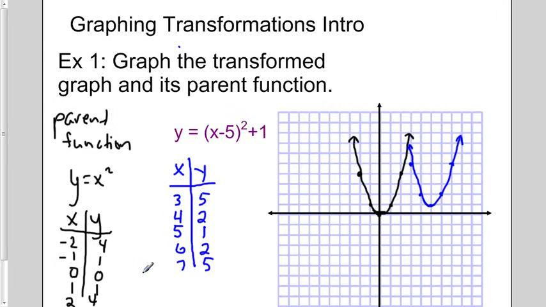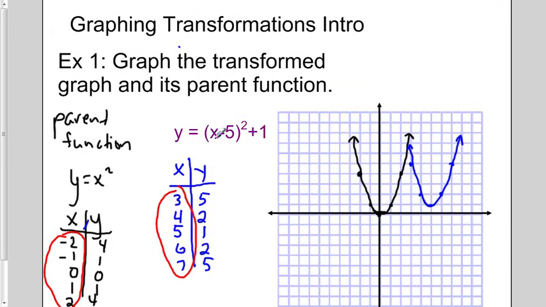And then one thing I do want you to notice, we'll do this in red so it stands out a little bit. If you look at these x values and the other x values I picked, every single x value is added by 5. And I see that from the equation here. If it's x minus 5, I'm going to add 5 to all the x values.